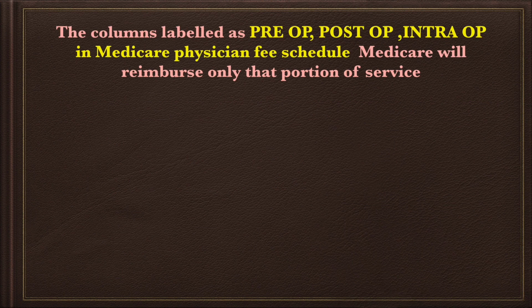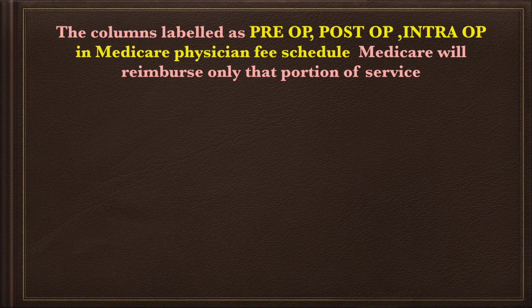In the columns labeled pre-op, post-op and intra-op in the Medicare physician fee schedule, Medicare will reimburse only that portion of the service. As a coder, it is our responsibility to inform the payer which portion of the service is performed by the physician, whether it is pre-op, post-op or intra-op. For that purpose, there are three modifiers: modifier 54, 55 and 56.